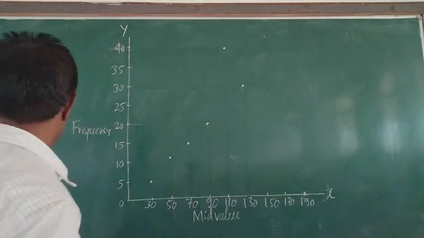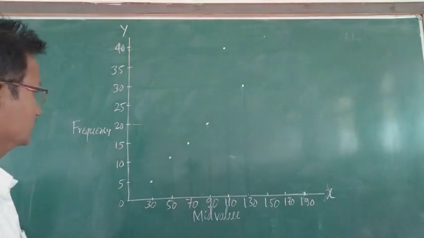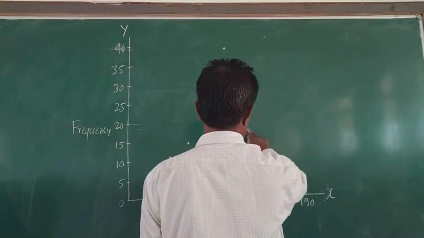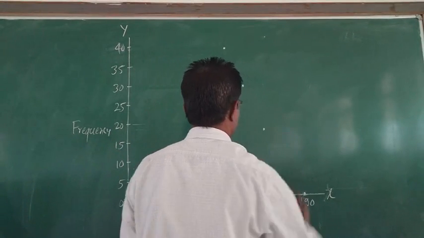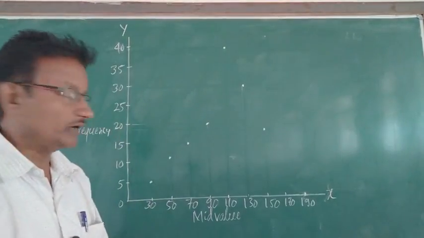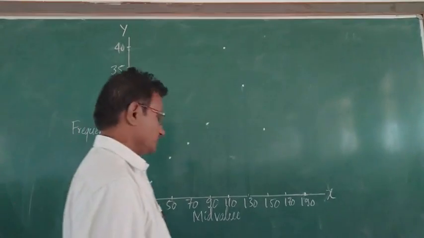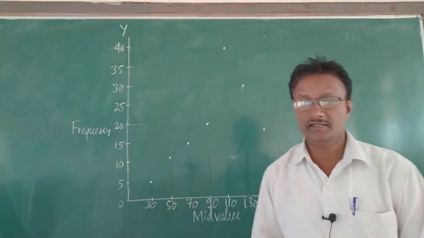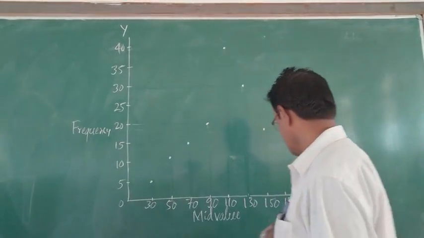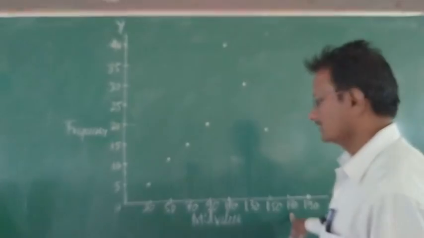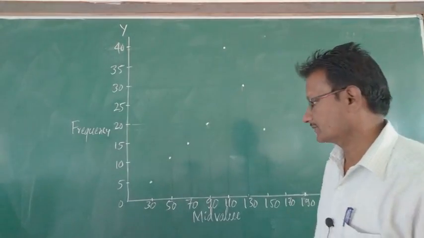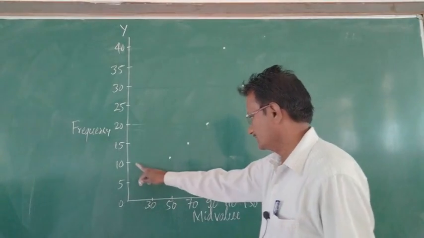Next, for 150 mid value the frequency is 18. We have to plot points with corresponding mid value and frequency. Next, for 170 mid value the corresponding frequency is 10.